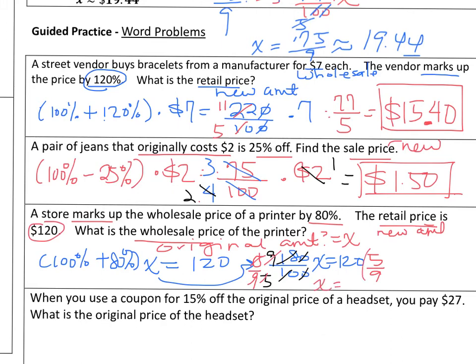So x will be equal to about, let's see, 66.67. Okay, this answer we needed to round to the nearest cent.